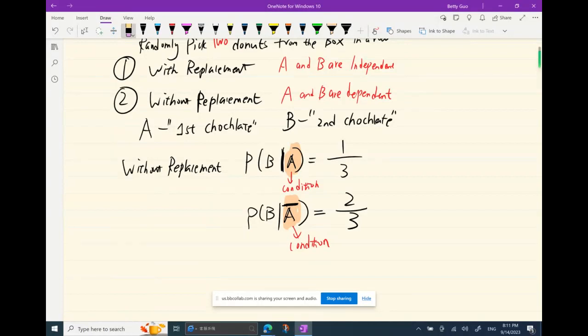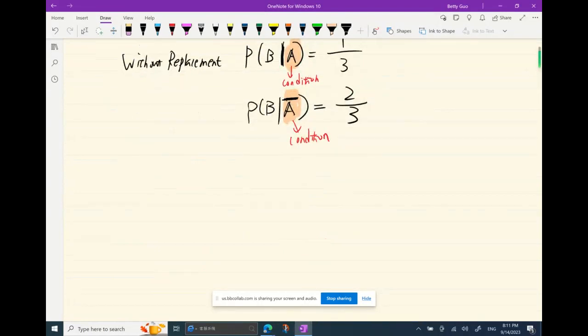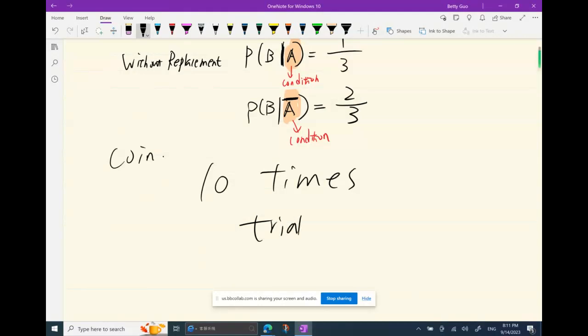Okay, let me give you one more example about independence. Let's say you have a coin. You are going to flip the coin 10 times. We normally call those 10 tosses 10 trials.